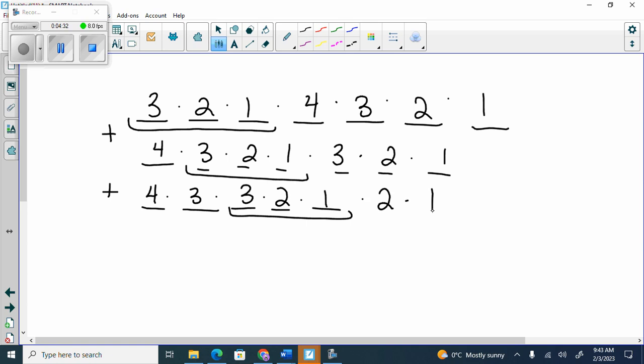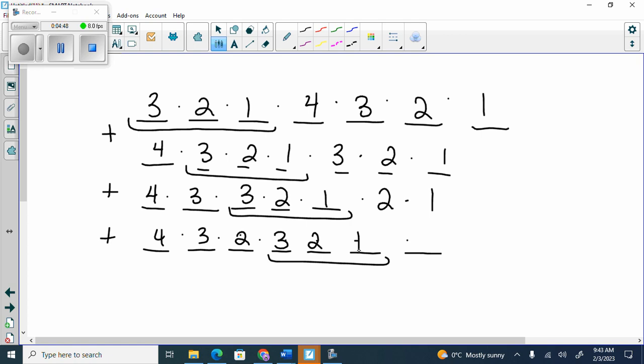Or I could move it now between these 2 letters. I'm being excessive with my dots, but that's good. 4, 3, 2. 3, 2, 1, 1. Or I could take these letters and completely put it at the very back. Yeah?